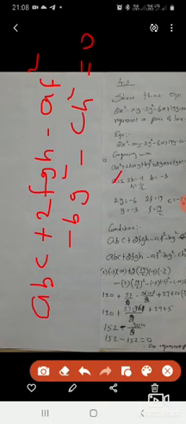If this value is equal to 0, then the given equation represents a pair of lines. So we are just applying that. We are getting 152 - 152 = 0. Therefore, the given equation represents a pair of straight lines.